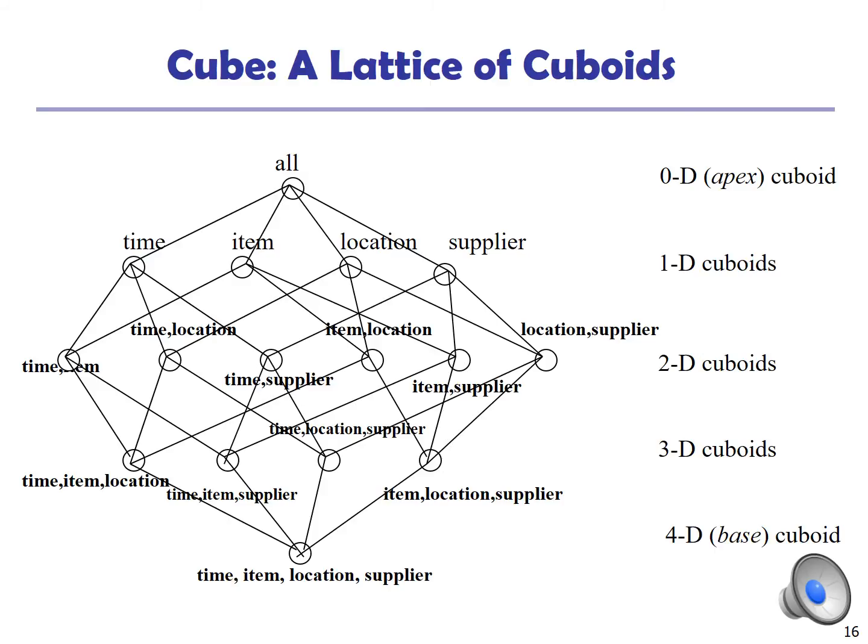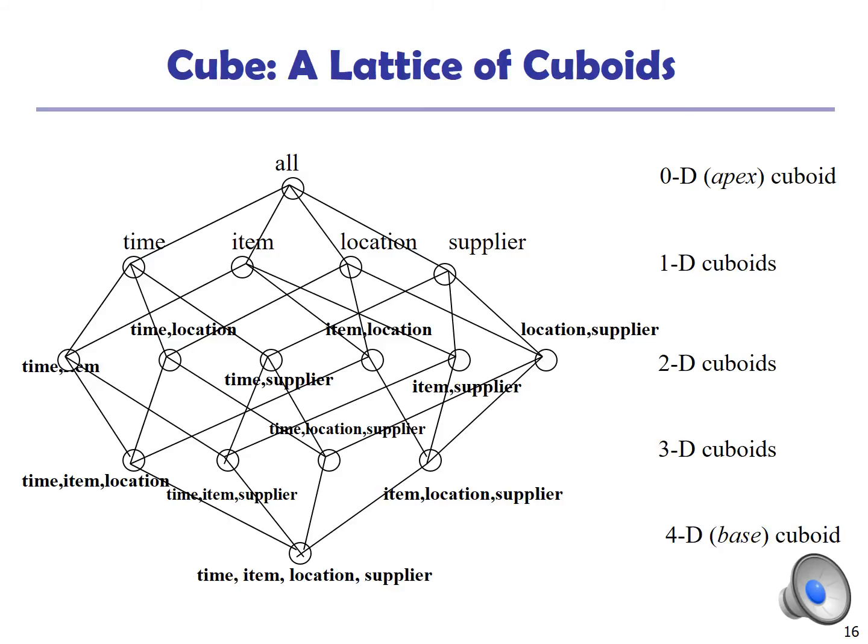If you pick 2 dimensions at a time, how many combinations are there? You have 4 dimensions, so you can pick time and item, time and location, time and supplier, item and location, item and supplier, or location and supplier. It's not permutations, it's combinations including 2 dimensions. That gives you your 2-dimensional cuboids.